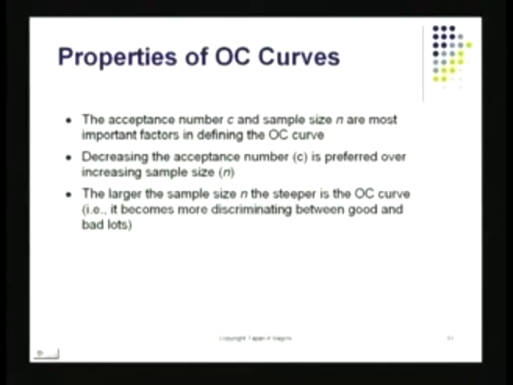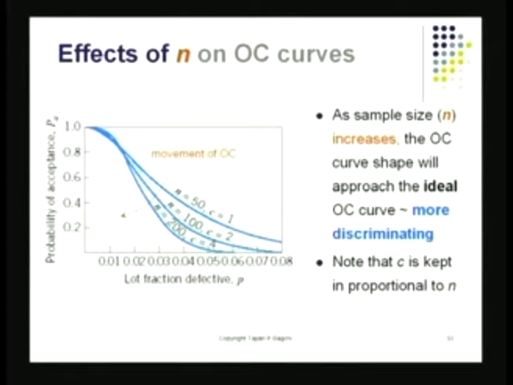Let's go to the screen there. Notice here what happens if I vary these curves. If I change n, little n is the sample size. As sample size is increased, the OC curve becomes more and more discriminating.